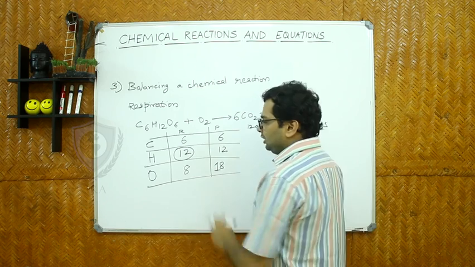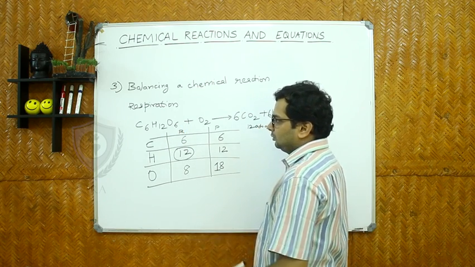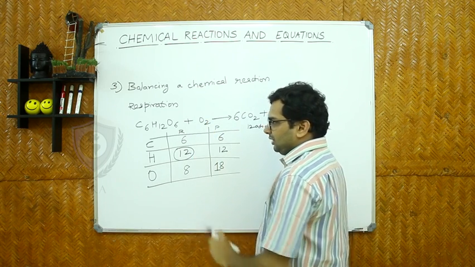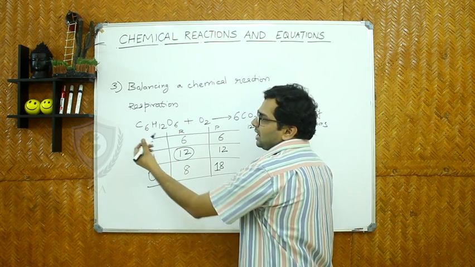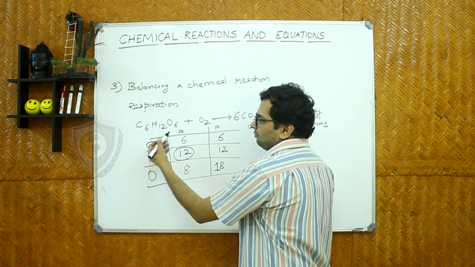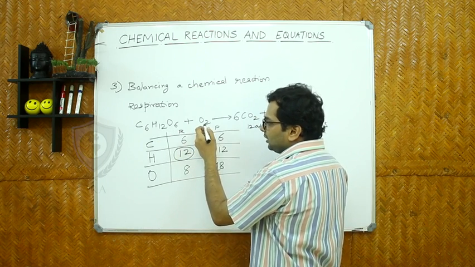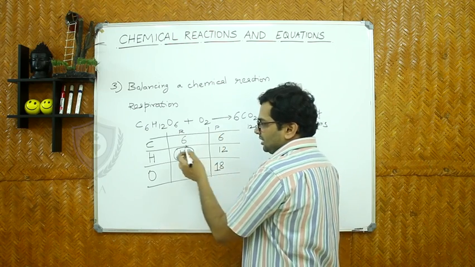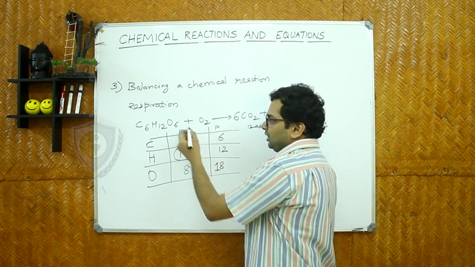But here we have only 8, which is 6 here and 2 here. If we try to change this part of the equation, then it is going to add more carbon and more hydrogen. But if we change this only, then we will not have any increase in carbon and hydrogen, and our equation will get balanced. So how do we do it?